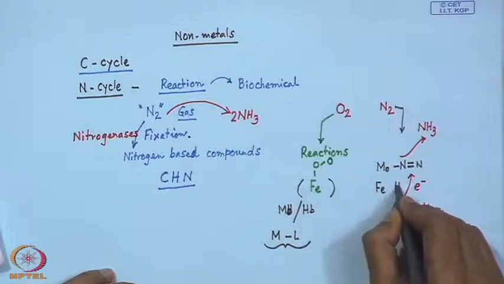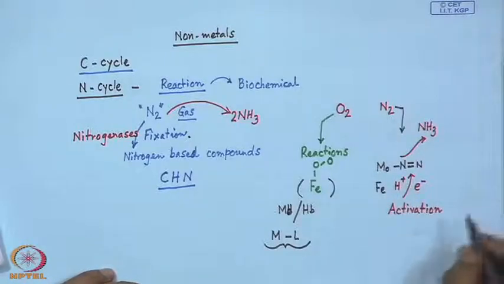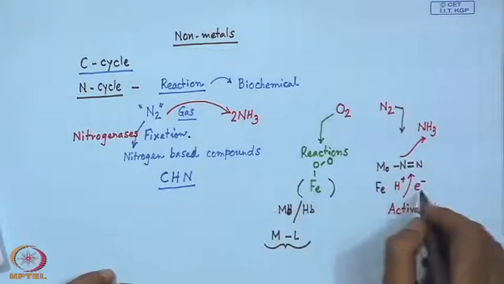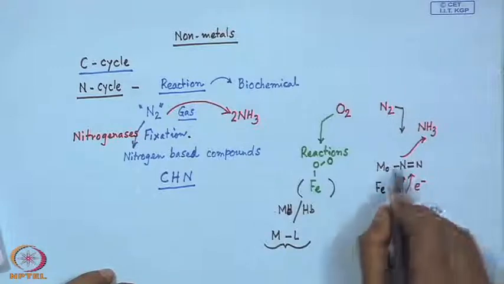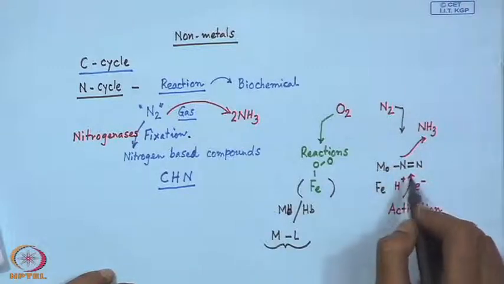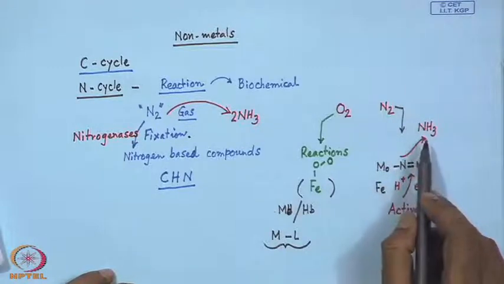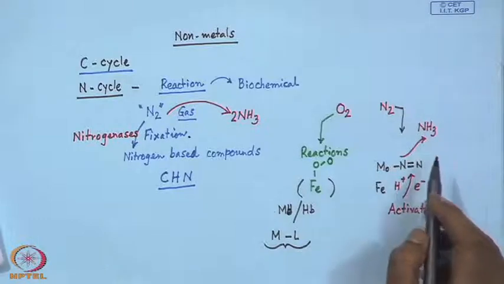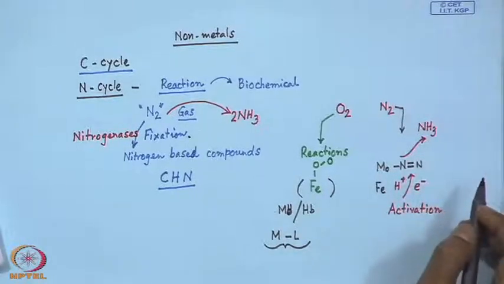So, we just have to provide both H plus and e minus, that means a reduction reaction will take place, your nitrogen nitrogen bond order will be reduced and we can go ultimately for the conversion to the ammonia molecule, but this is not so easy.